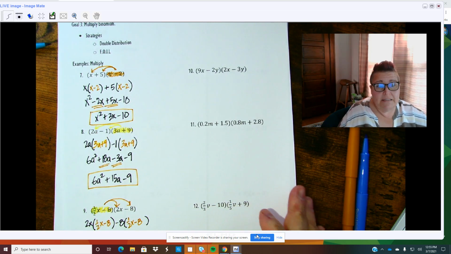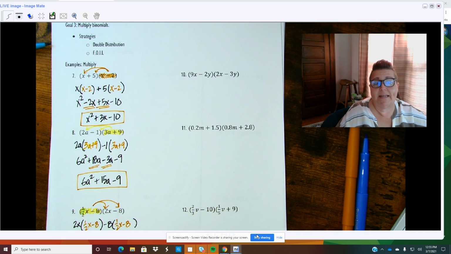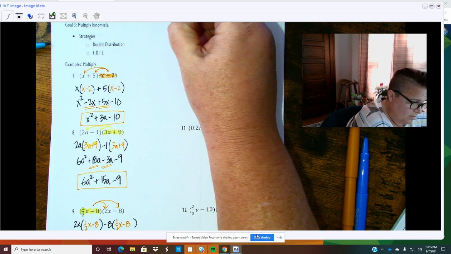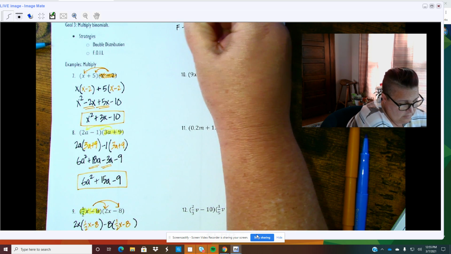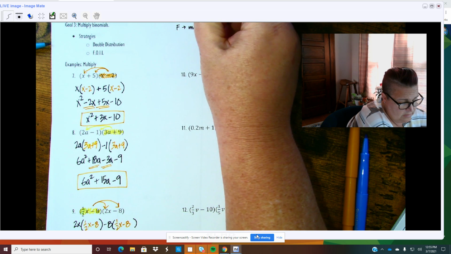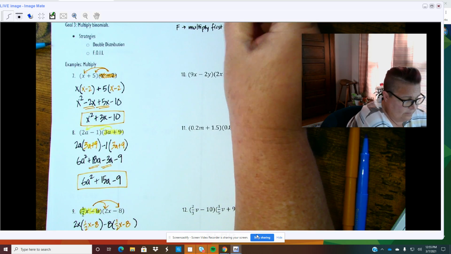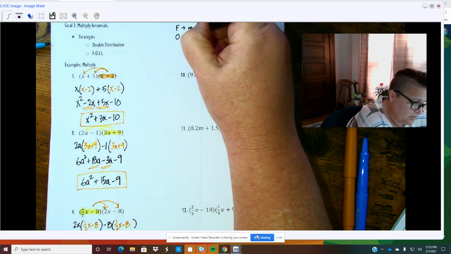Okay, the second method is known as foiling, or first, outside, inside, last. FOIL is an acronym that stands for the first terms. The O stands for multiplying the outside terms.